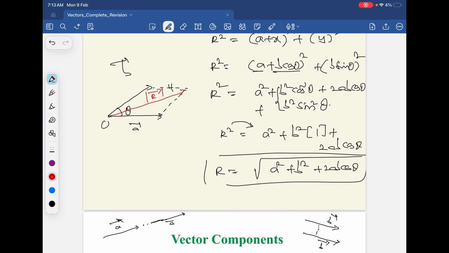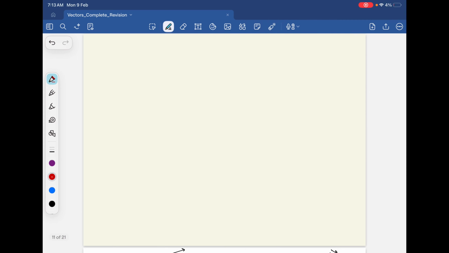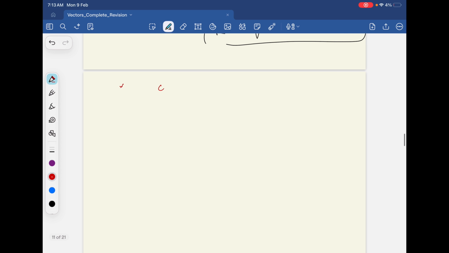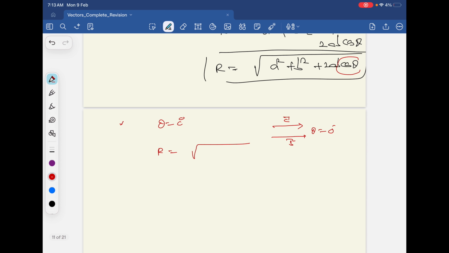Now what are those cases? Here you can see, when theta is equal to 0 degrees. The components and product, cross product, one more session I will make. Currently, when theta is 0 degrees, it means they are parallel vectors, A bar and B bar. So R becomes simply how much?